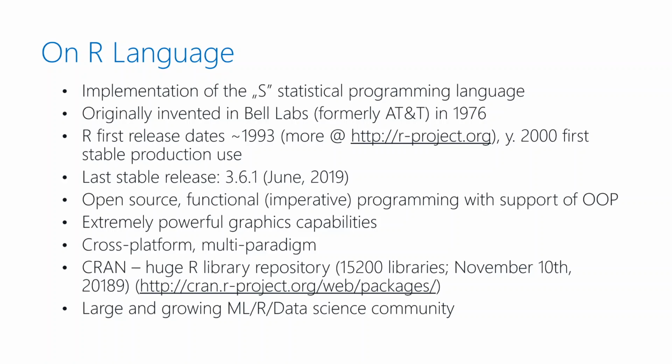It has extremely powerful graphics capabilities with all the packages available. It is cross-platform and multi-paradigm. There are more than 15,000 libraries or packages, all available on the original CRAN repository webpage.